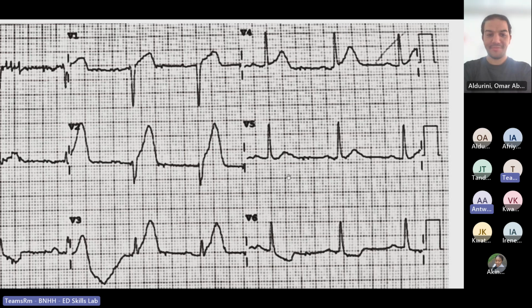And V6, I would say with the first one, there is slight depression. And even the second one as well, the second wave as well.